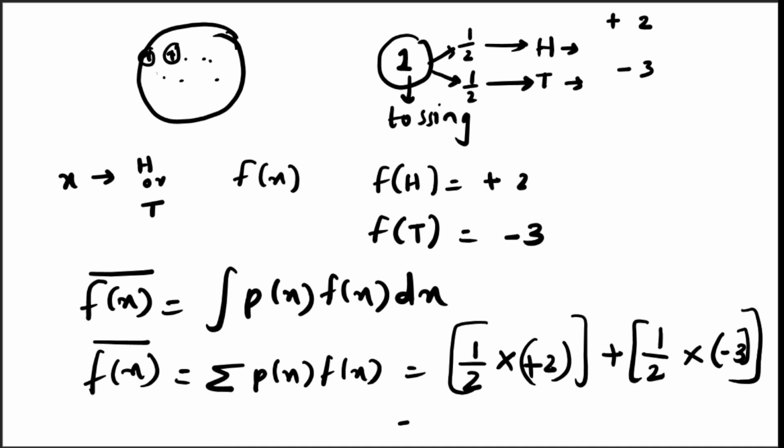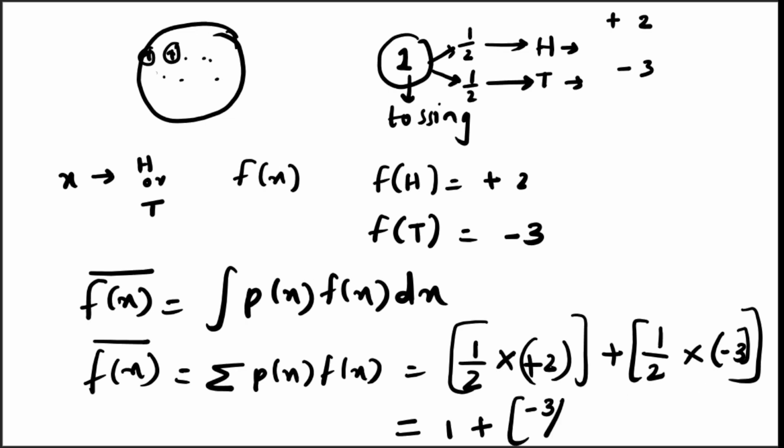So what we get is 1 plus minus 3 by 2. 1 minus 3 by 2 is minus 1 by 2. So effectively, per one toss, we will lose half a rupee. That is the meaning.